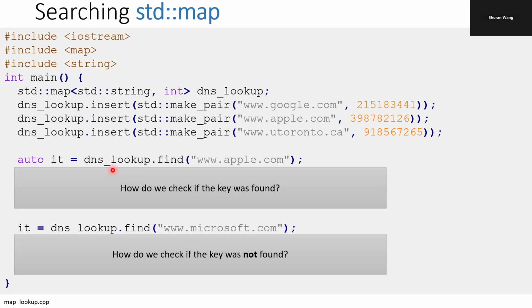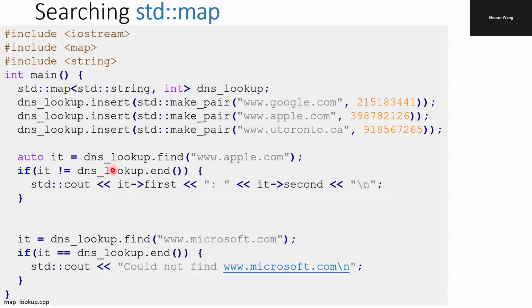And how do we check if the key was found and if it was not found? So the find function will return DNS lookup.end if it's not found.